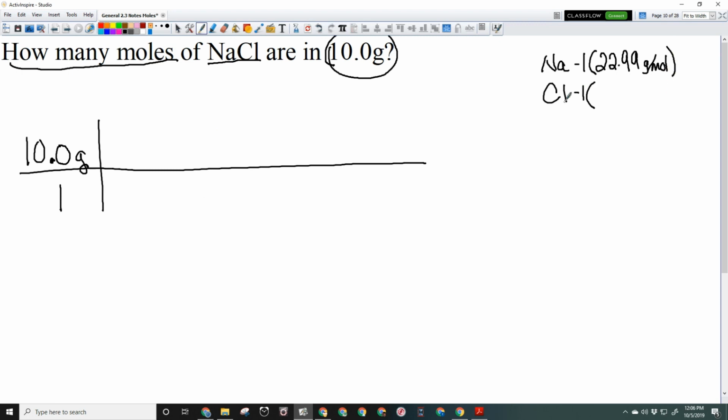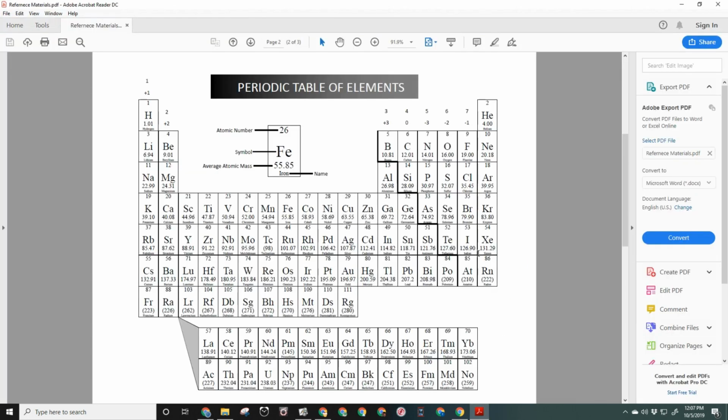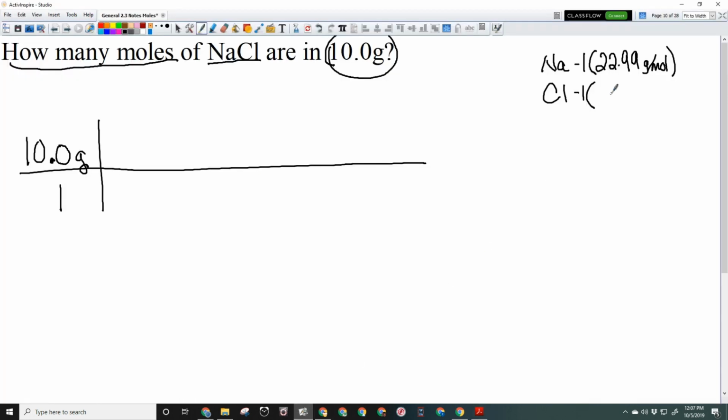Chlorine is right here, 35.45 grams per mole. So now we multiply these, it's just multiply by 1, and then we add them up.